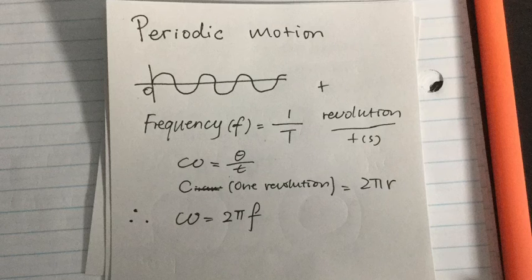The frequency of rotational motion is one revolution over time, but we also have that omega equals theta over t, and one revolution equals 2 pi. Therefore, we get that omega equals 2 pi times the frequency. So you get another way of calculating the frequency.